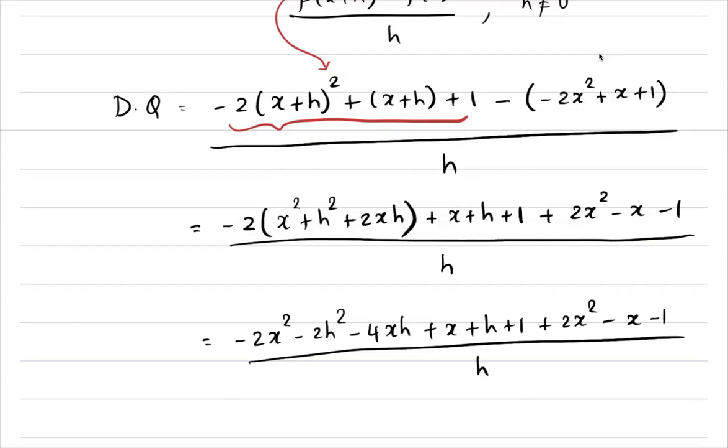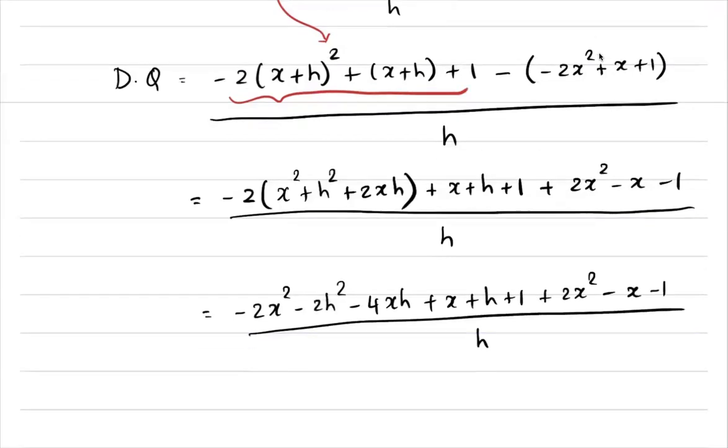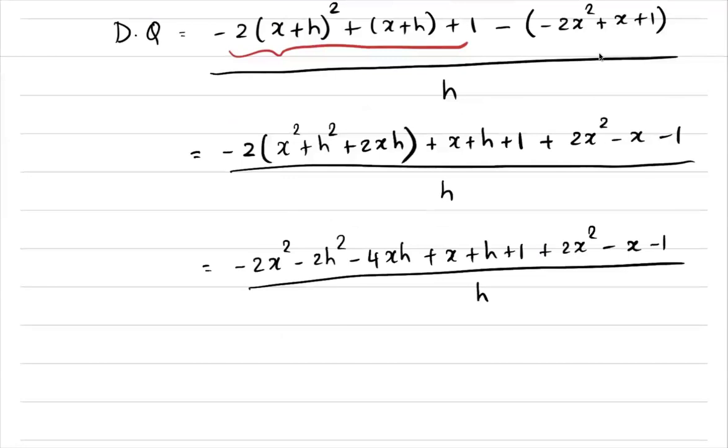Then I'm going to see what are all the common terms or like terms that can get cancelled. So let's see that. So positive 2x squared, negative 2x squared goes away. Negative x, positive x goes away. -1, +1 goes away. Now what am I left with?